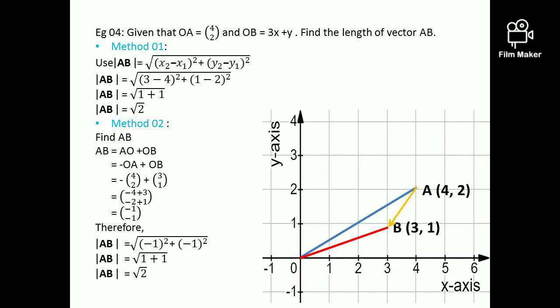With that, you will obtain the column matrix form of vector AB as (-1, -1). Then if you put into the formula modulus of AB is the square root of x squared plus y squared, you can obtain the same answer, root 2. So from both methods you will obtain the same answer, and you can use whichever method you prefer to be easy.